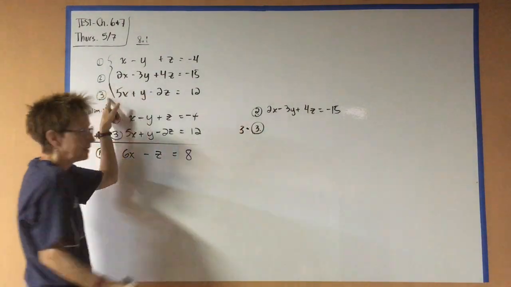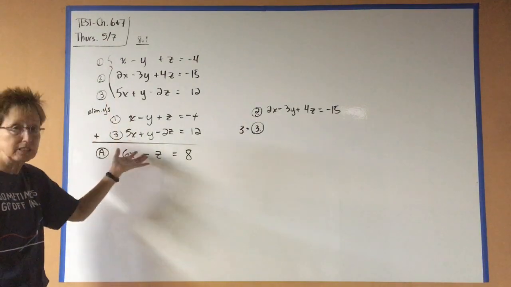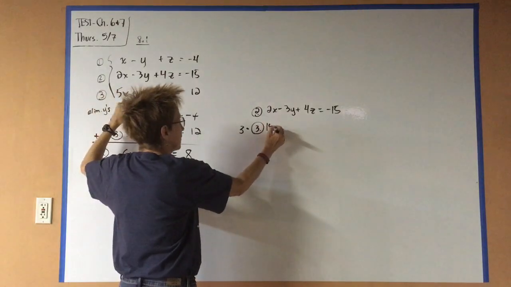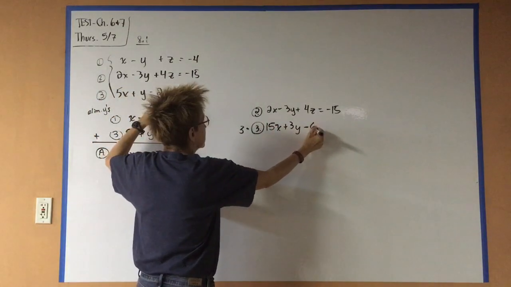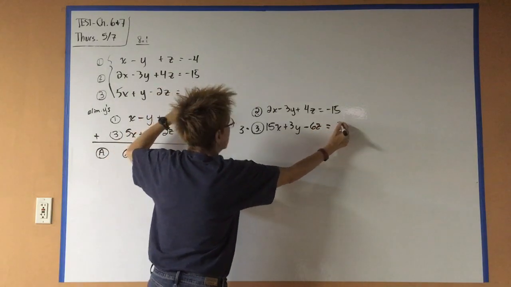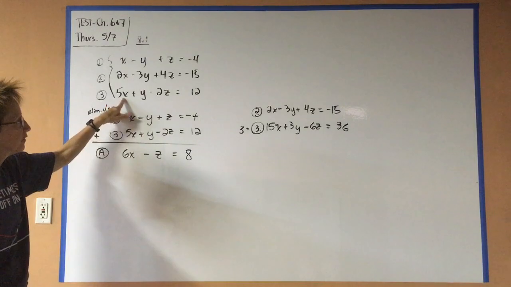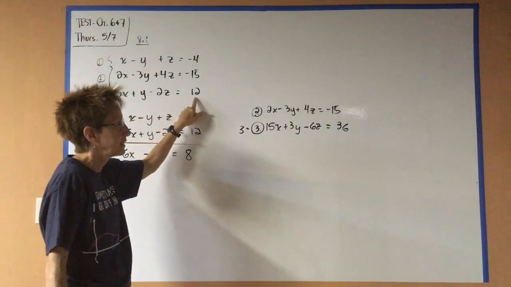So I actually write myself a note as to what I'm doing to it. Here I didn't do anything because they were ready to go. This one I'm going to take 3 times equation 3. So I have 15x plus 3y minus 6z equals 36. So everything times 3, both sides.